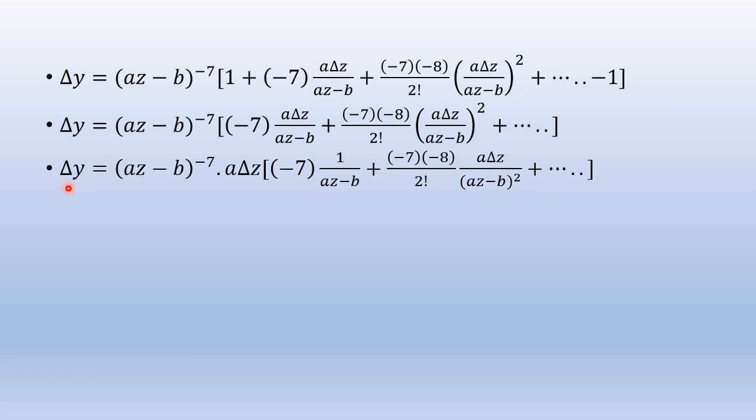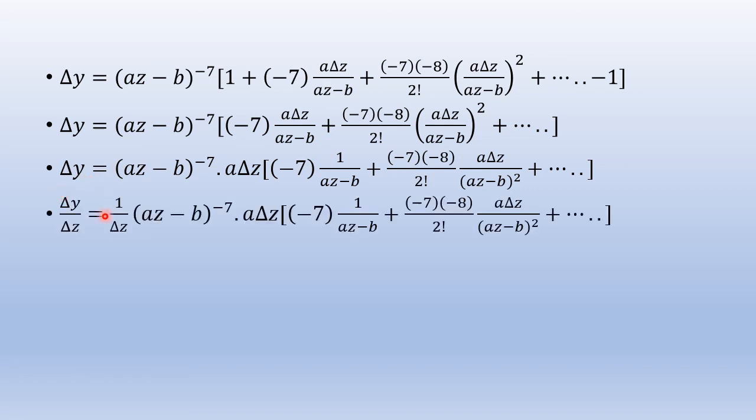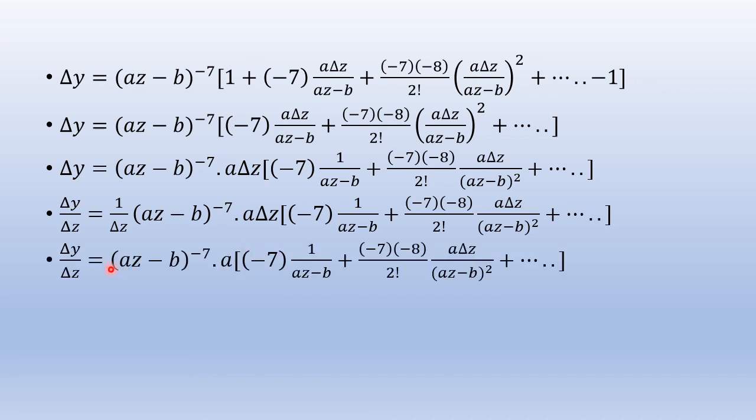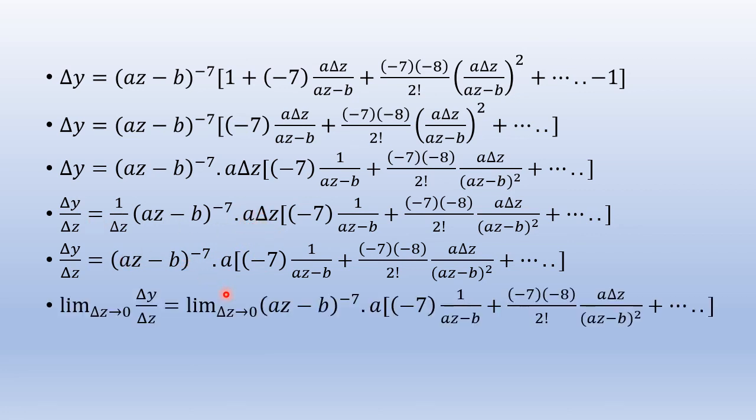And now we go to the next step, which is to divide both sides by del z. So divide del y by del z, and 1 by del z here. This del z got cancelled, and now we apply the limit when del z tends to 0.